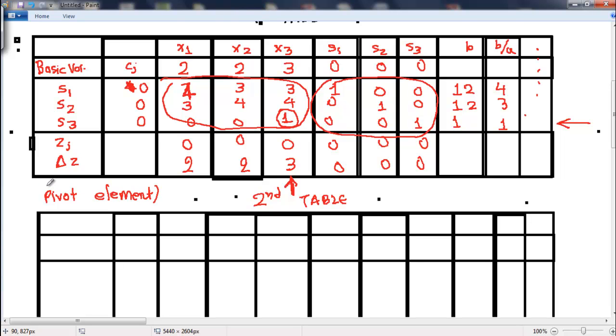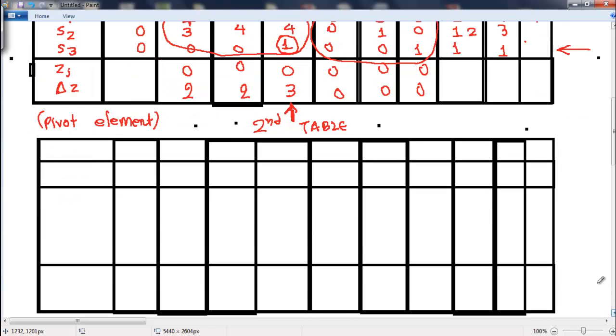So it's very important in how I create the second table. Let's see the second table very carefully, because we have to see how we create the second table from the first table.